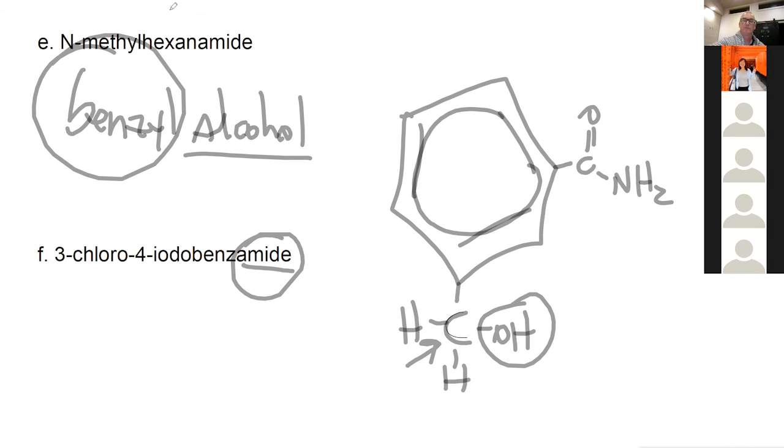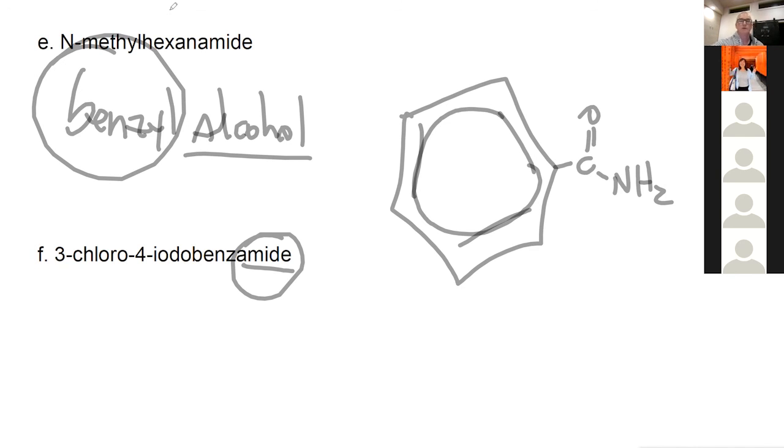So that is our benzamide root. It also has a chlorine. And what does iodo mean? Iodine, right? So which one's carbon 1?